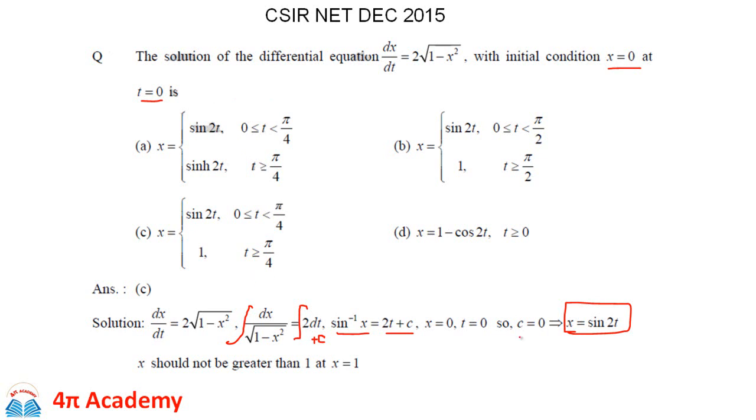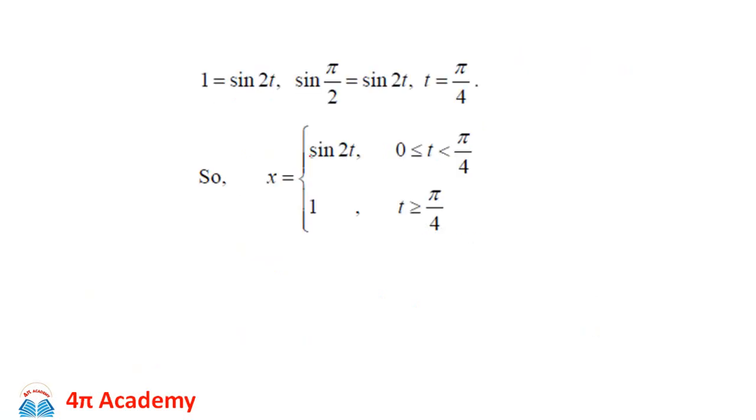So the maximum value of sine theta is 1, and therefore sine 2t should be equal to 1. So sine of pi by 2 should be equal to sine 2t, because sine pi by 2 is only 1. Therefore sine pi by 2 should be equal to sine 2t. It means that t should be equal to pi by 4.